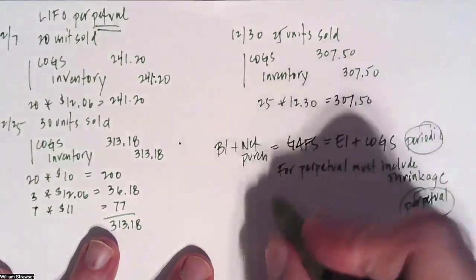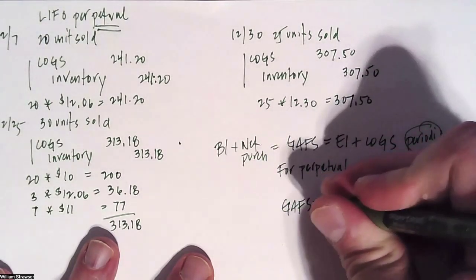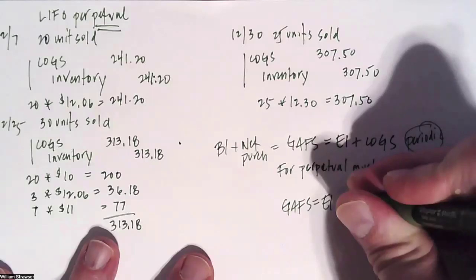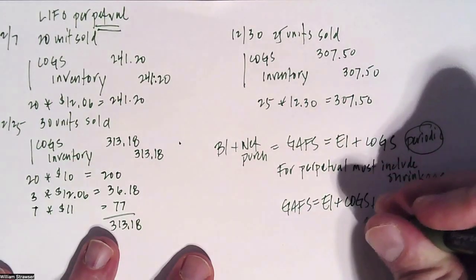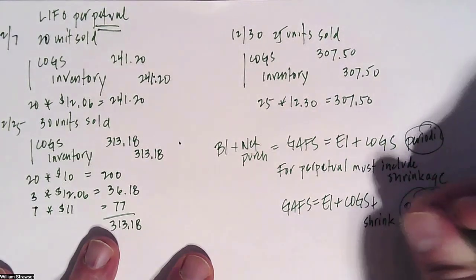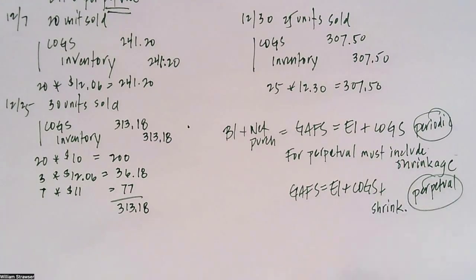And so it's the same up to the point of GAFS, but then GAFS is going to equal ending inventory plus cost of goods sold plus shrinkage, right? So let's figure out my shrinkage first.